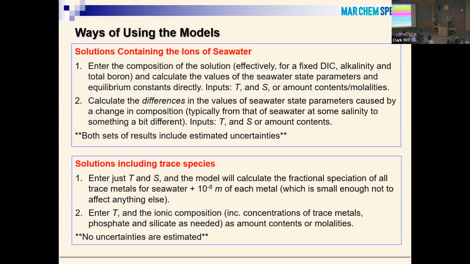So back to the models. What are the ways in which we can use the standalone models? There are basically two. So looking at the model for the ions of seawater, you could enter a composition of the seawater solution effectively, or natural water solution, for a fixed DIC, alkalinity and total boron, and then calculate the values of the seawater state parameters and equilibrium constants directly.